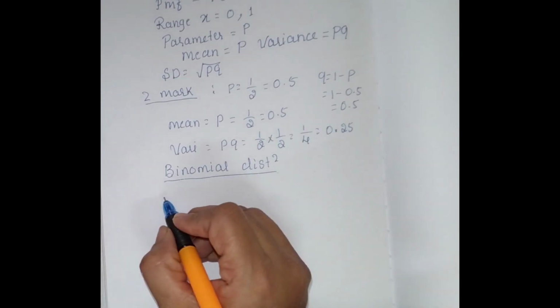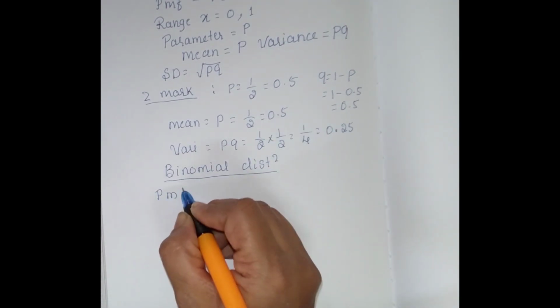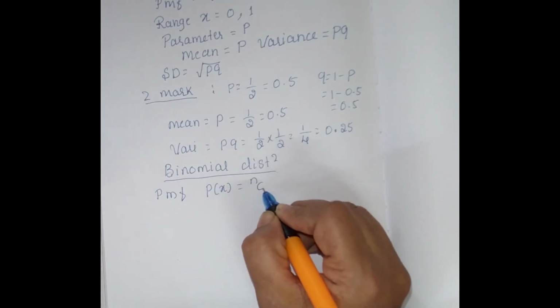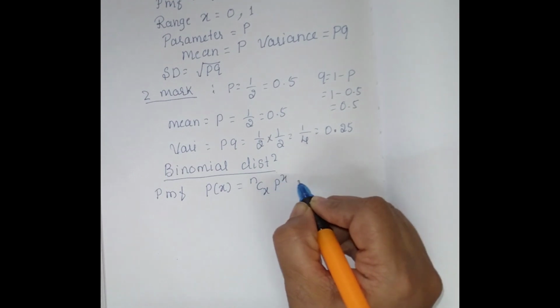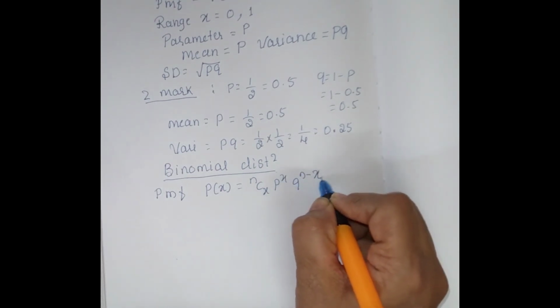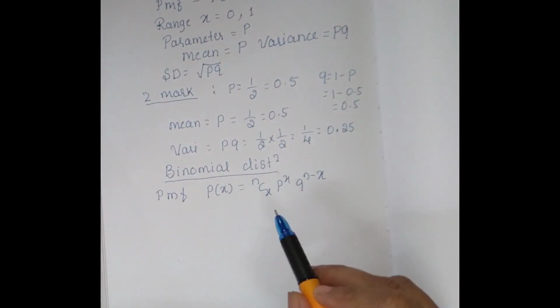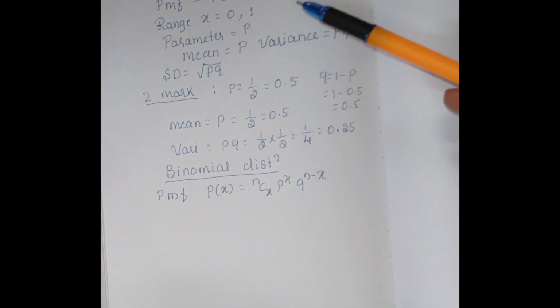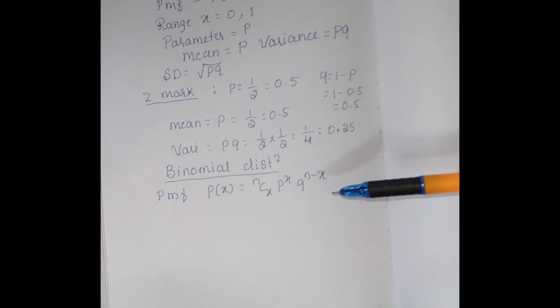What is the binomial distribution PMF? The PMF is P of x is equal to nCx p to the power x and q to the power n minus x. Just observe, don't get confused. In Bernoulli, the n is not there. For a binomial, nCx p to the power x and q to the power n minus x.